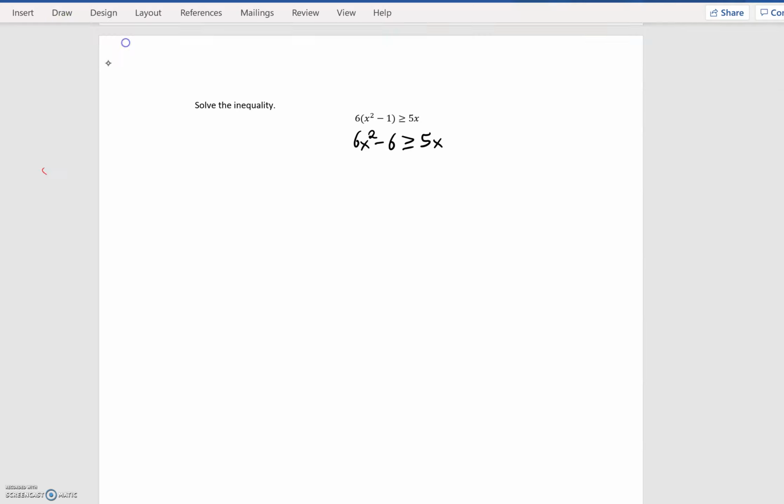The next step, following step 1, I need to move everything over to one side. Moving everything over to one side and writing the left-hand side in descending order according to the exponents, I have the following. The next step is to see if I can factor this quadratic function on the left-hand side.